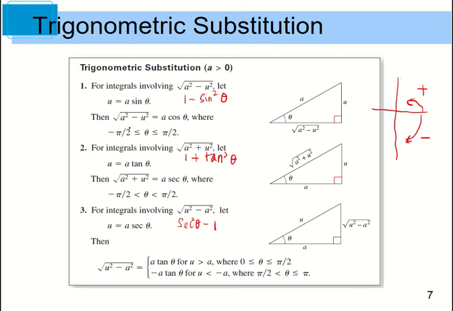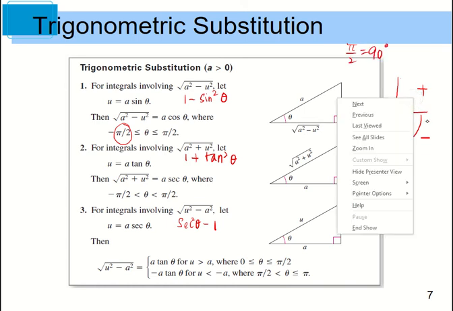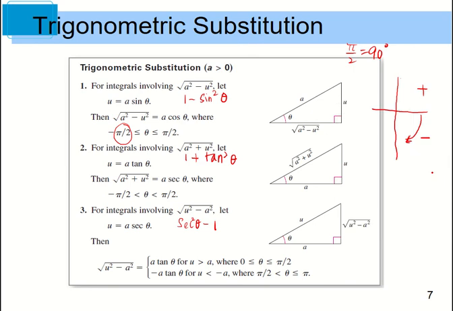Pi over 2 is 90 degrees. So we use this substitution when the angle is between positive 90 degrees and negative 90 degrees. For tangent theta, the range is the same, from negative 90 to positive 90.